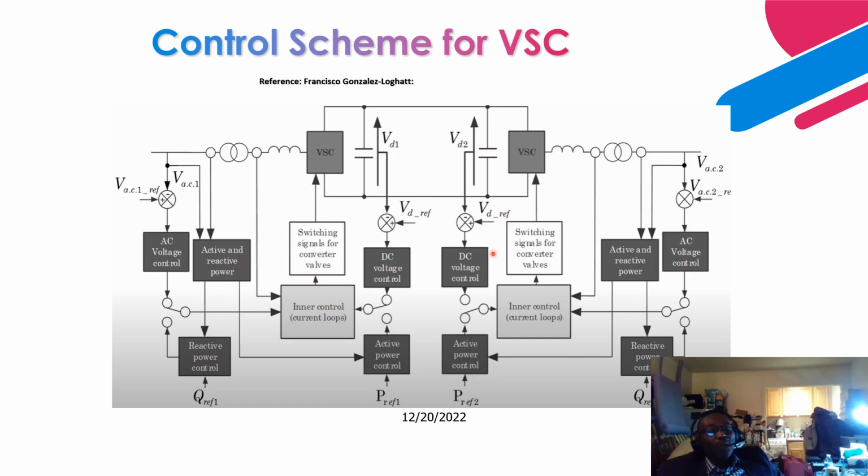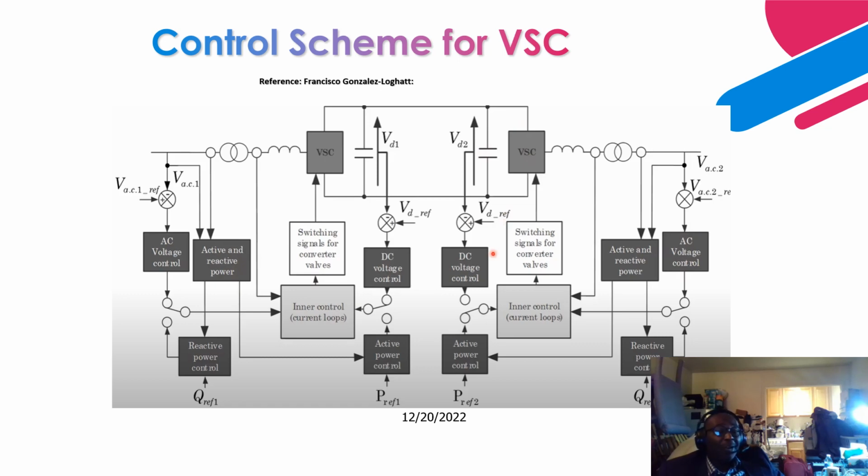We have a dispatch point that's coming from our dispatcher control center. They will dispatch the DC voltage point that we need and the active power point that we need. Based on the DC voltage point and the active power that is dispatched to us, we can calculate our reference points for the quadrature axis current and the direct axis current.